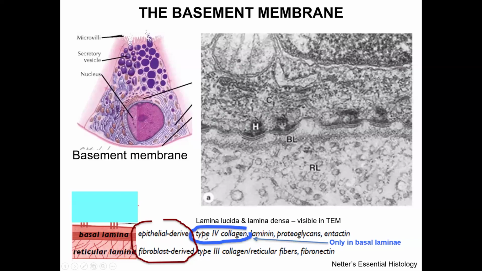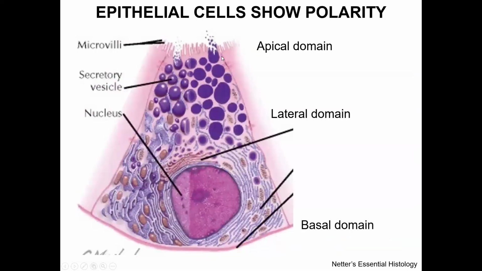And I draw your attention to the fact that the connective tissue contains a lot of collagen and many types of collagen, filamentous forms of collagen that are secreted by the fibroblasts. But the basal lamina contains a non-filamentous type of collagen, type 4 collagen, that is actually produced and released by the epithelial cell.